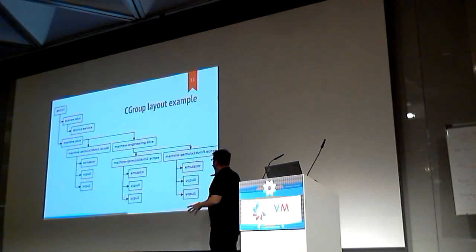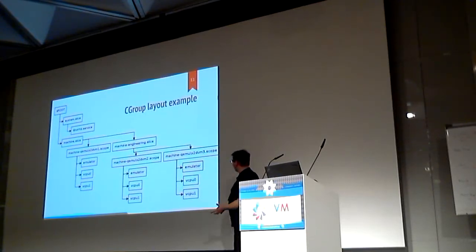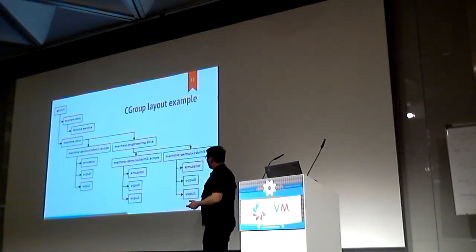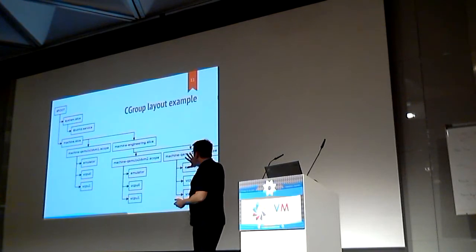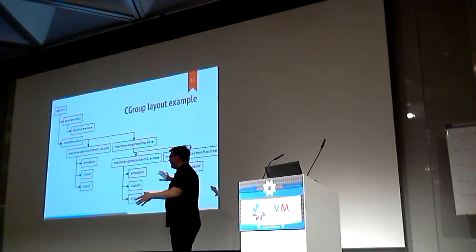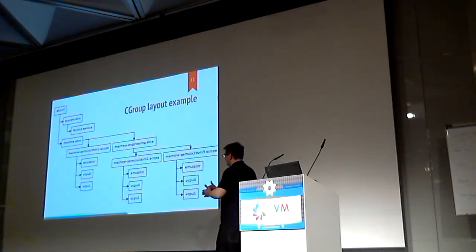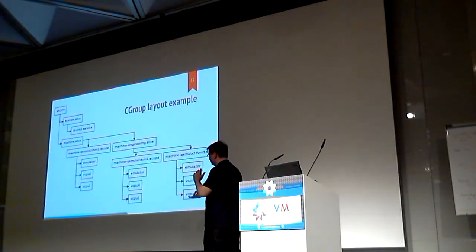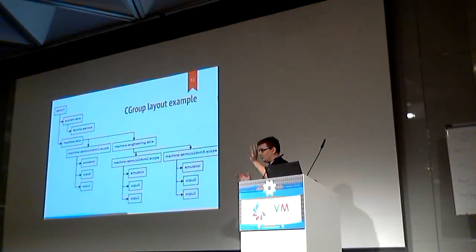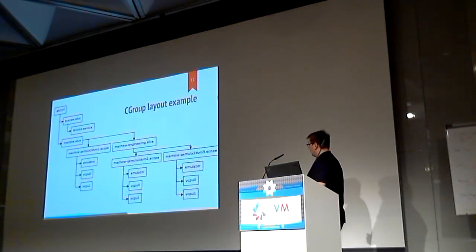If I were to run another virtual machine under the engineering slice, it will go somewhere over here. And this is the layout that will be created per each CGroup that you've configured: memory, device, CPU set, and all kinds of CGroups.